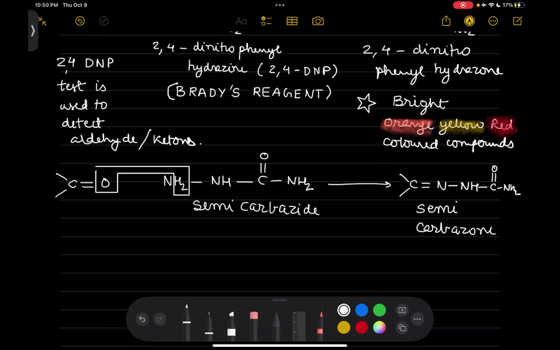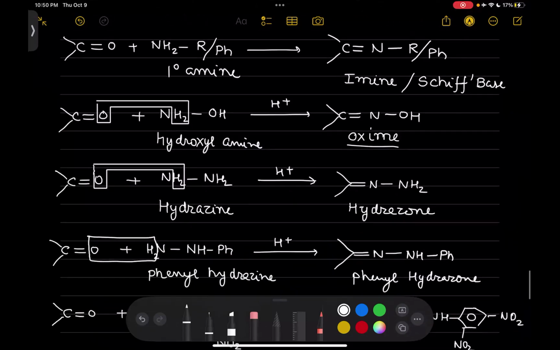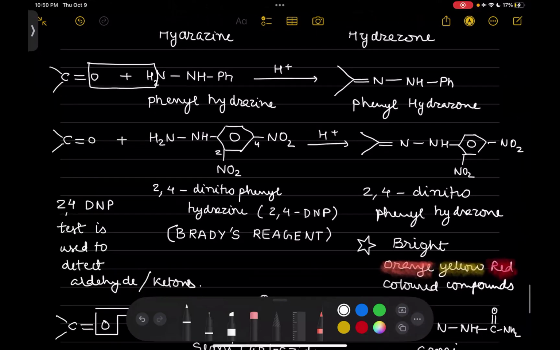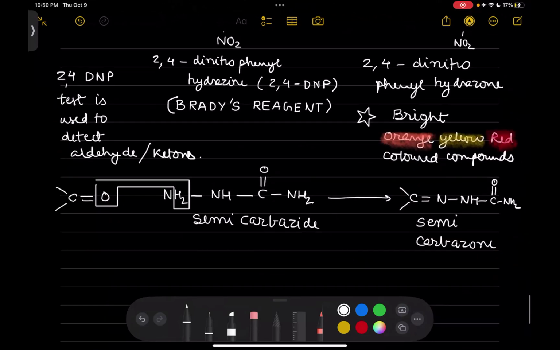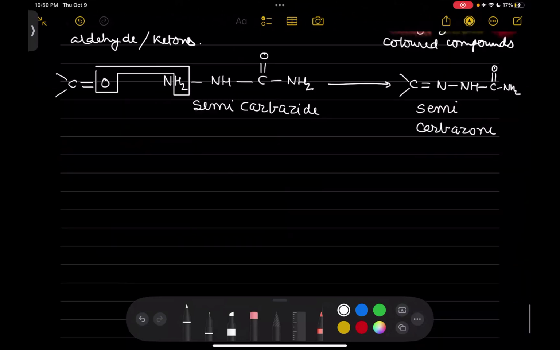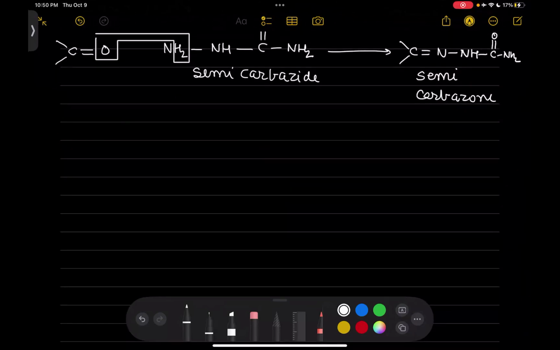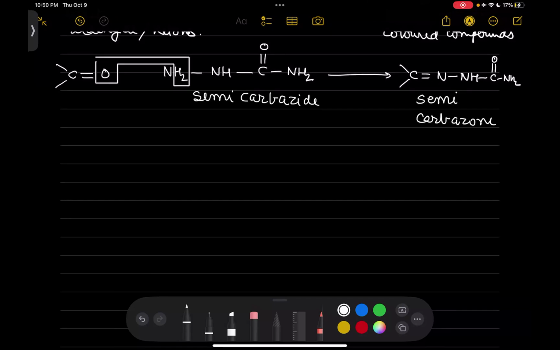Semicarbazide and semicarbazone, and not only that, 2,4-DNP, all of them are used to detect aldehydes and ketones. But out of all these, 2,4-DNP is the most famous. So let's do some reactions. The formation of product is very, very easy, that we know. But be very careful while forming the product.